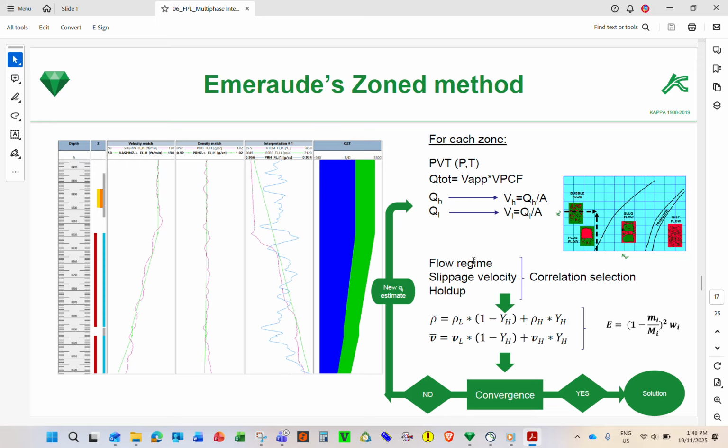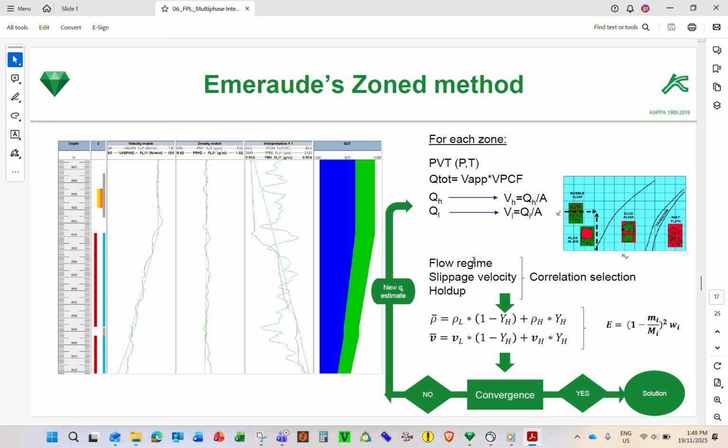You have this one from the tool reading, and rho L, rho H are from the PVT. Then we can get the holdup, because we know this, we know that, and we know this calculated. From the holdup, we put it into the correlation to get the slippage velocity.